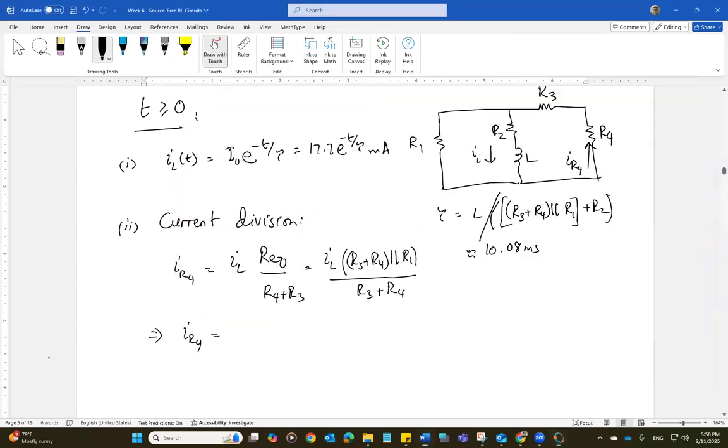3 milliampere, 3.0024. I'm just going to take it as 3. So that's going to be 3 e to the power negative t over tau milliampere.